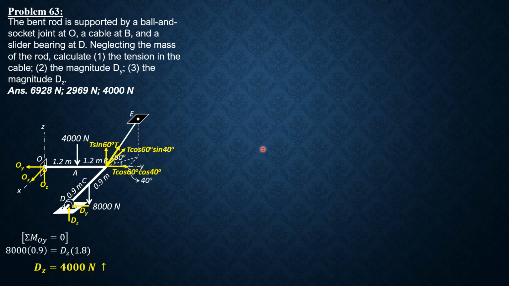Then having found dz, we can sum up moment about OX to solve for the tension. So if we sum up moment about OX, by right thumb rule, dz is positive. dy passes through the x-axis because this slider bearing and O are on the same plane, same horizontal plane.